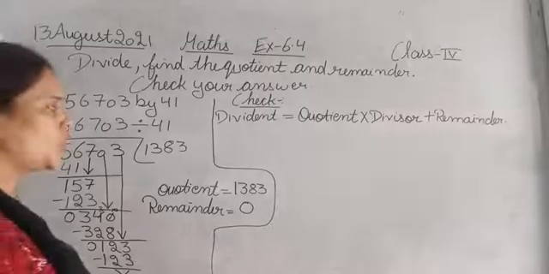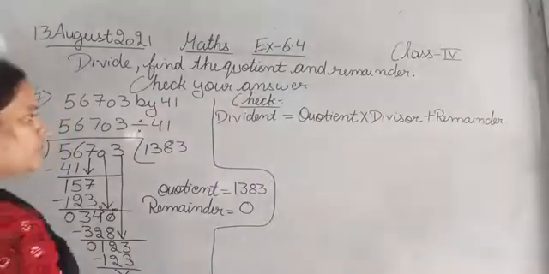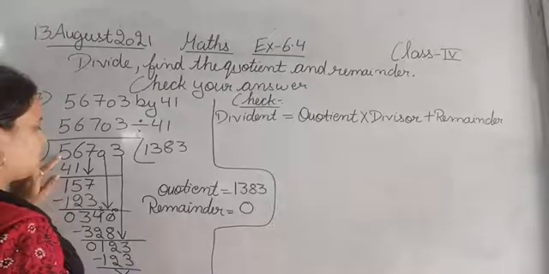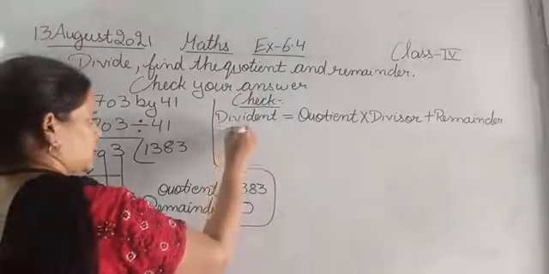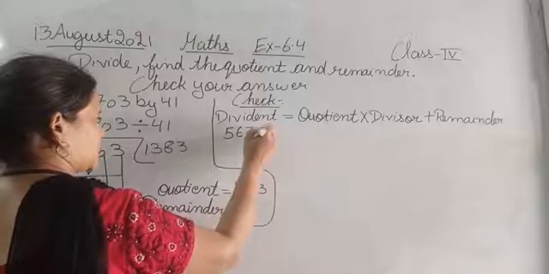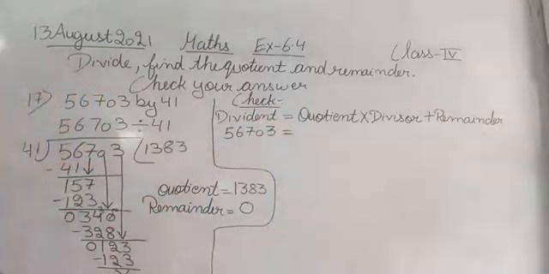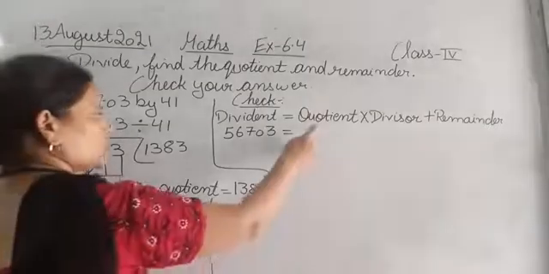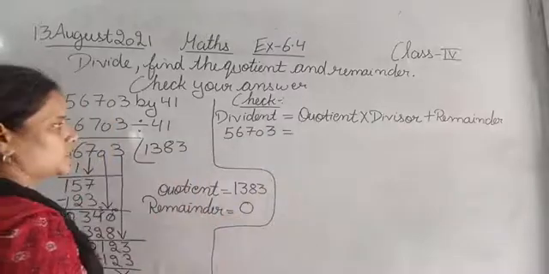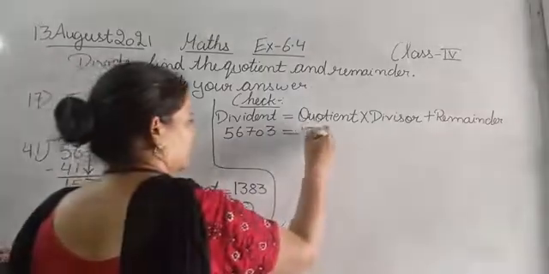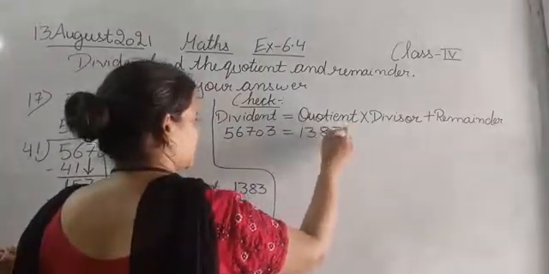Okay, so now let's put the values of these. Dividend is 56,703, equal to 56,703. Then quotient, what is the quotient? That is 1383.